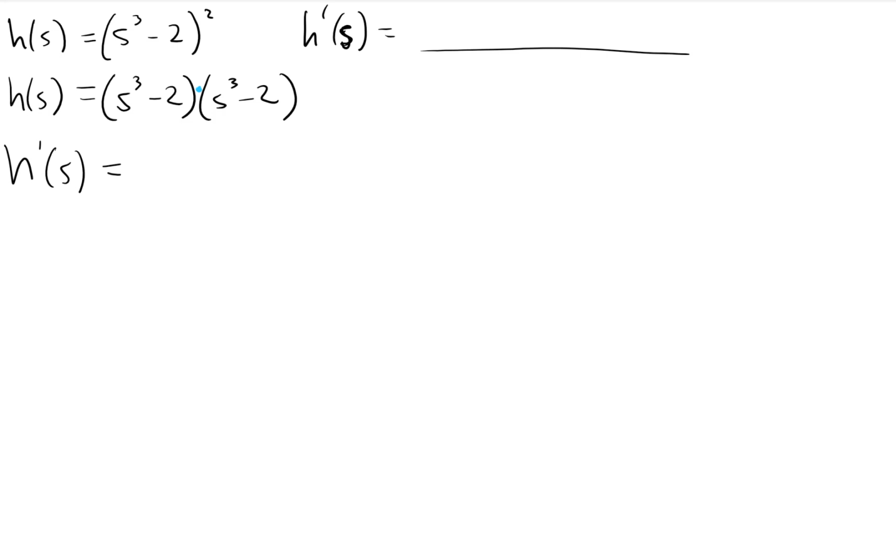Alright, so the product rule says take the derivative of the first thing, and that would be 3s squared, times that by the second thing, plus the derivative of the second thing, times the first thing. A lot of repetition here since these are the same.